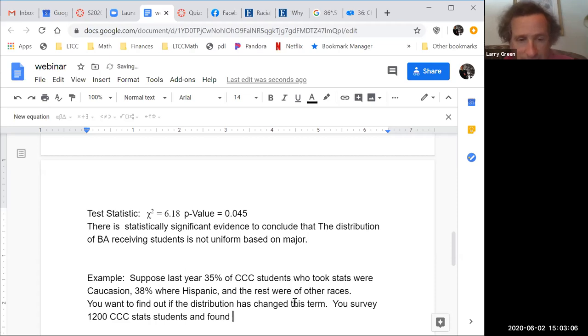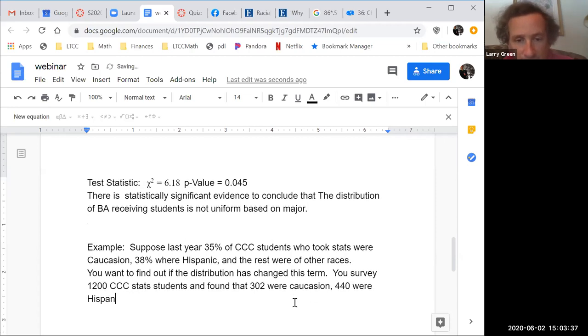And found that 302 were Caucasian. 398. Don't want to get, no, I want to get higher than that. How about 440 were Hispanic, and the rest were other races. What can be concluded?